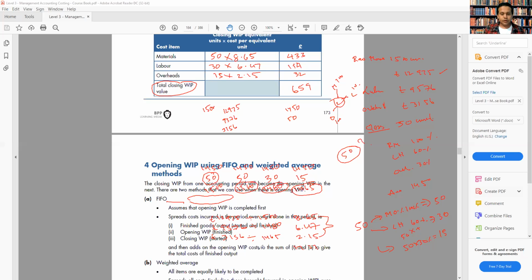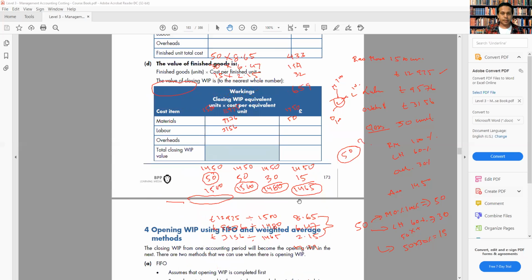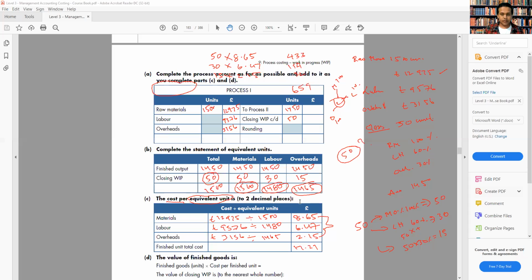All right, now if you go back to the top to complete our top section that we have done before, so we said the value of the 1450 units, and the one we have calculated before, so that will be 1450 times 17.27.